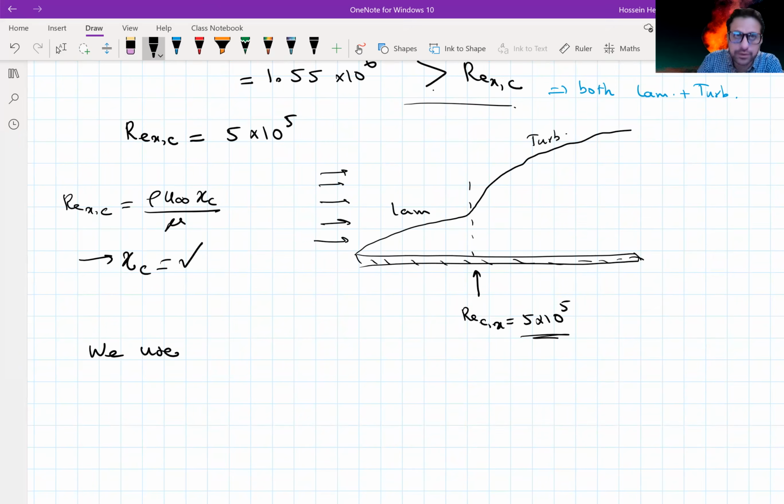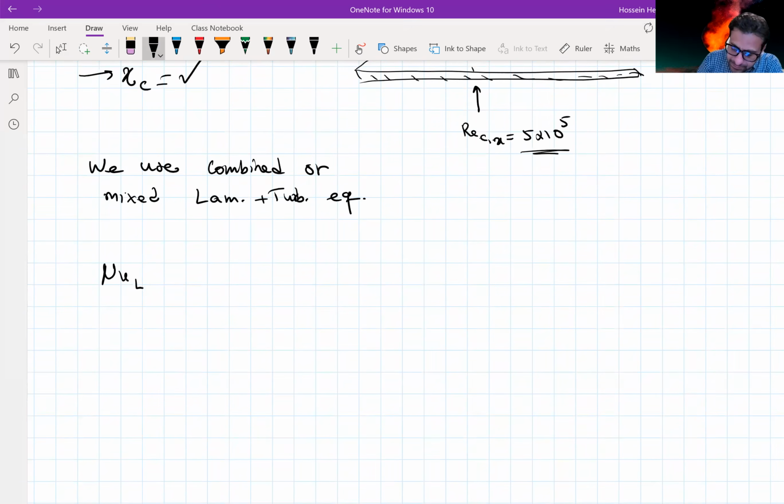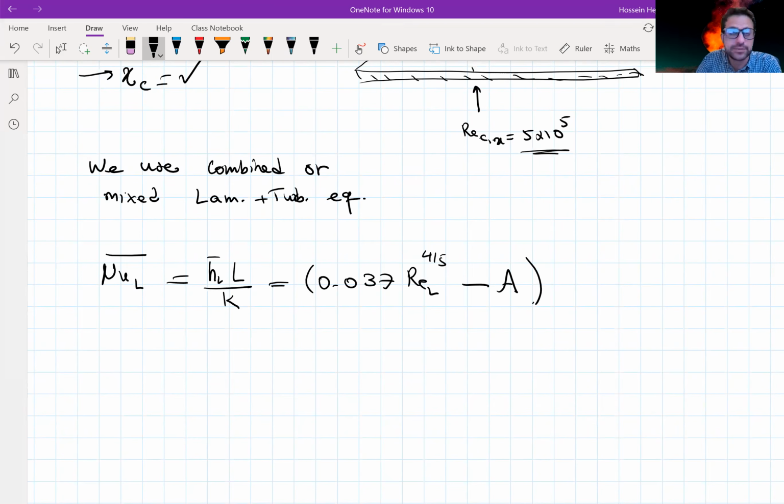So we use the combined, or mixed laminar plus turbulent, equation. And for that one, what we have is Nusselt number L, the average, which is h_L L over k, equals 0.037 Reynolds number to the power of 4/5, minus a constant value A that depends on the critical Reynolds number, times Prandtl to the power of 1/3.